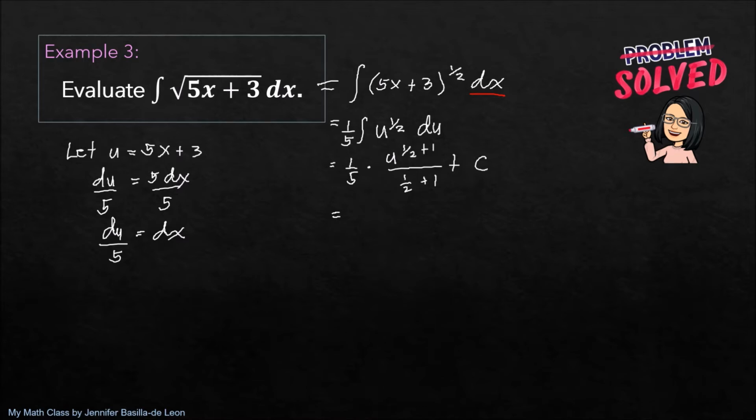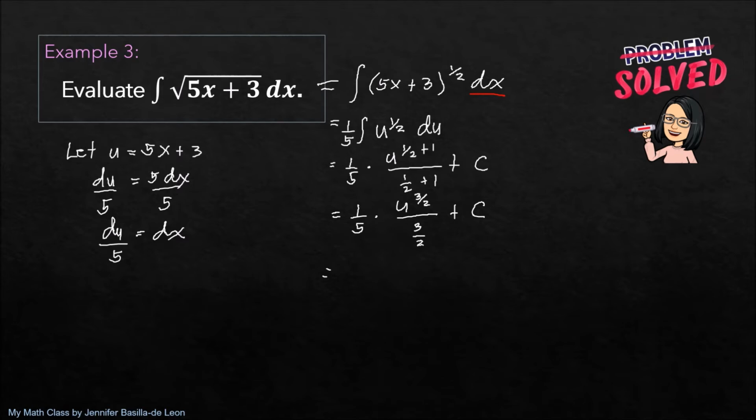Now simplifying, we will have 1/5 times u raised to 3/2 over 3/2 plus c.